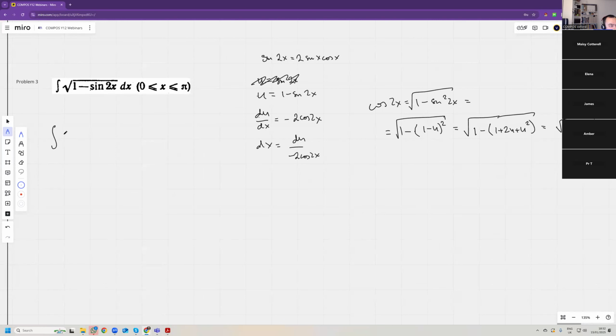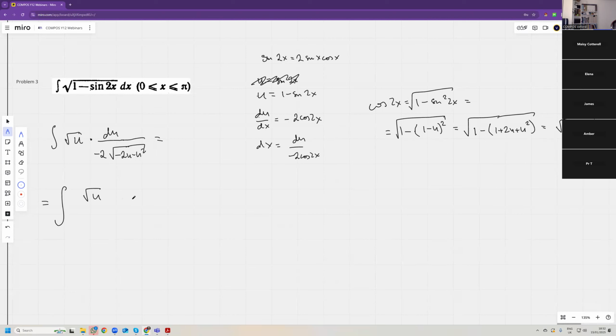Integral of square root of u multiplied by dx, which is du over minus 2 multiplied by the square root of 2u minus u squared. I think it does.